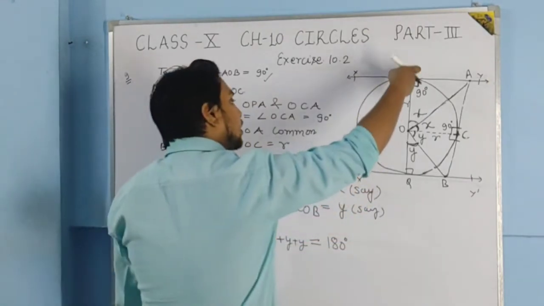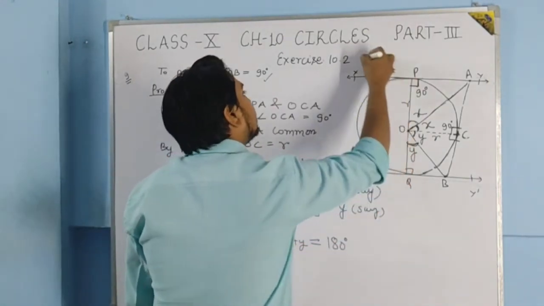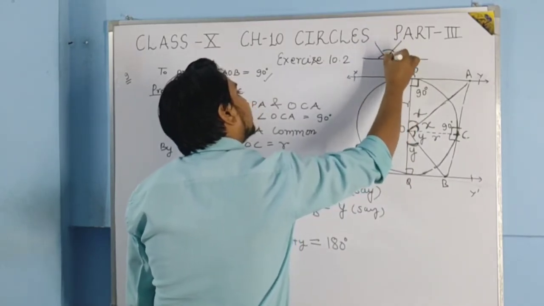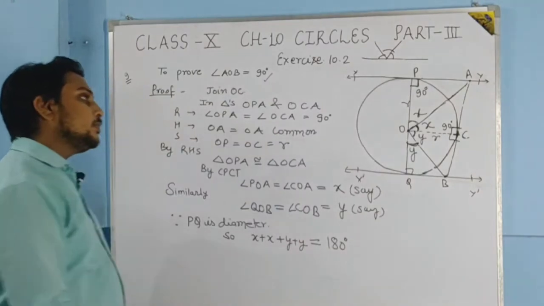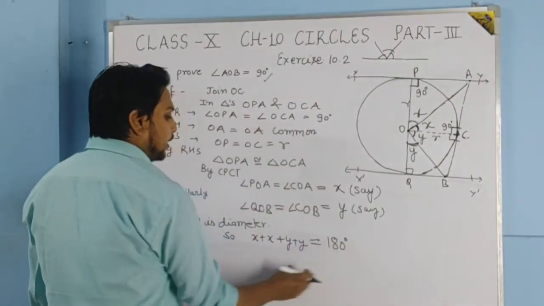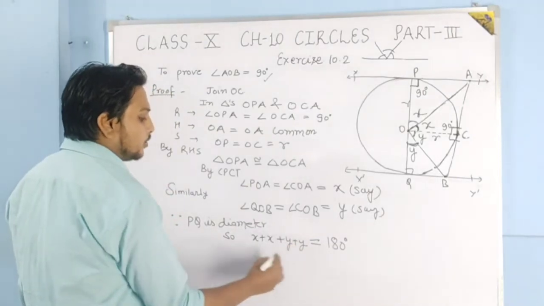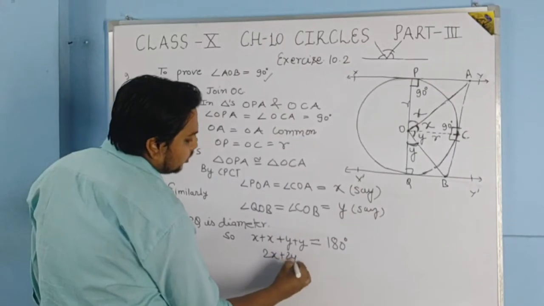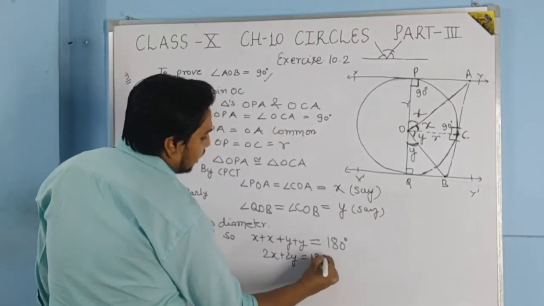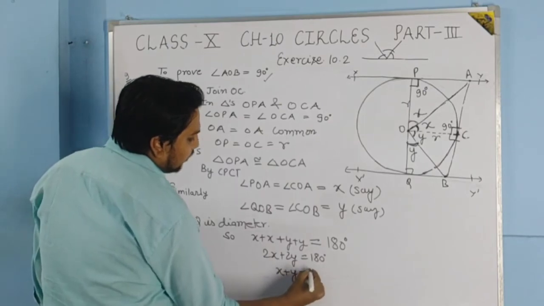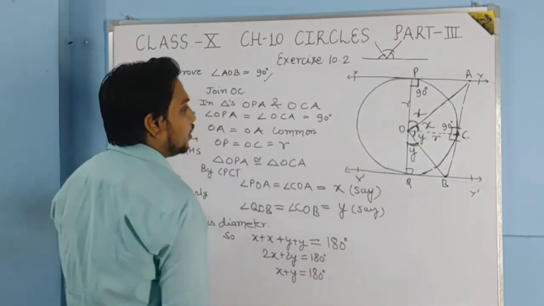Because PQ is a straight line, and on a straight line the sum of all angles will always be supplementary, 180 degree, because these are linear pair of angles. So x plus x is 2x, y plus y is 2y, so it is equal to 180 degree. When you divide it by 2, what will you get? x plus y is equal to 90 degree.